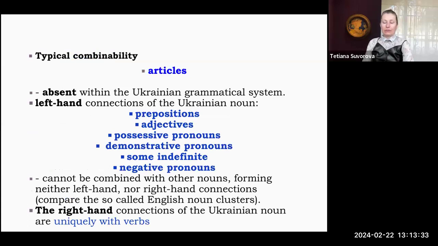Then in both languages, left-hand connection of the noun, in preposition, we can come across different parts of speech: prepositions, adjectives, possessive pronouns, demonstrative pronouns, some indefinite and negative pronouns. For example, with mom, on the table; adjectives, for example, green leaf; possessive pronoun, mom's bag.